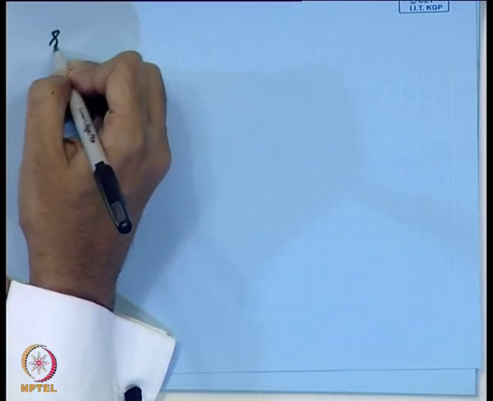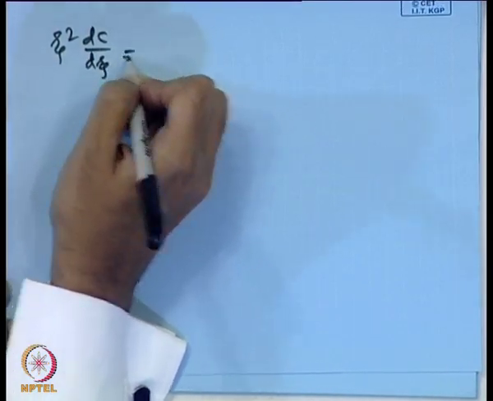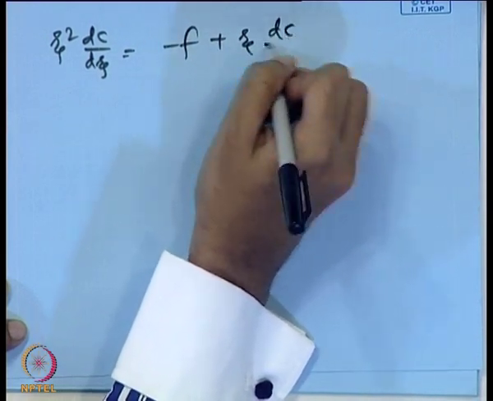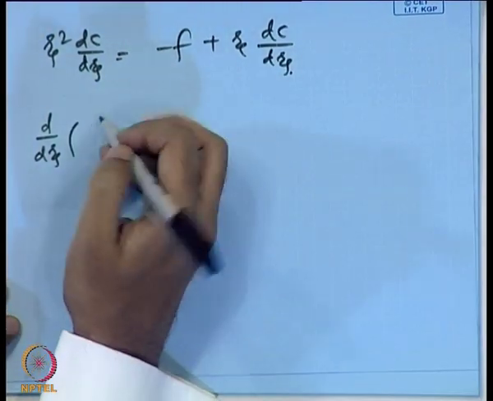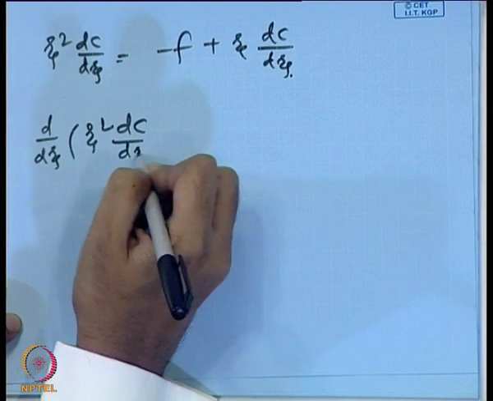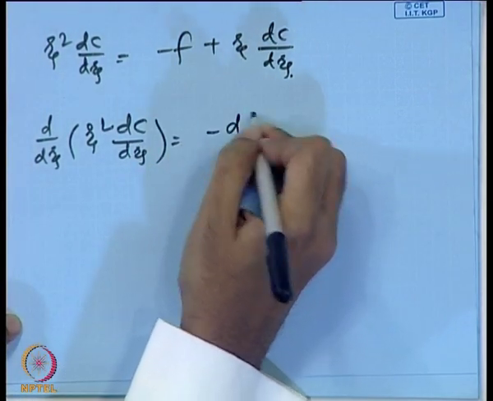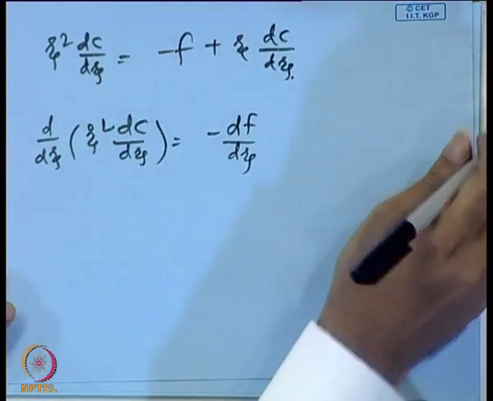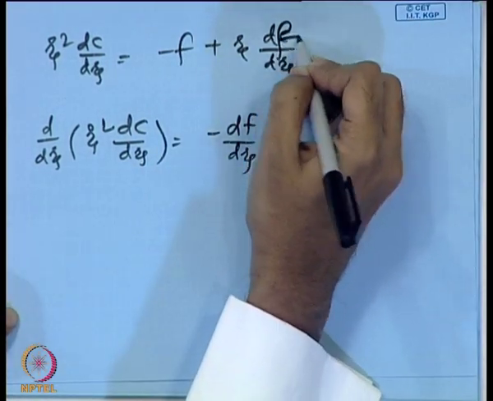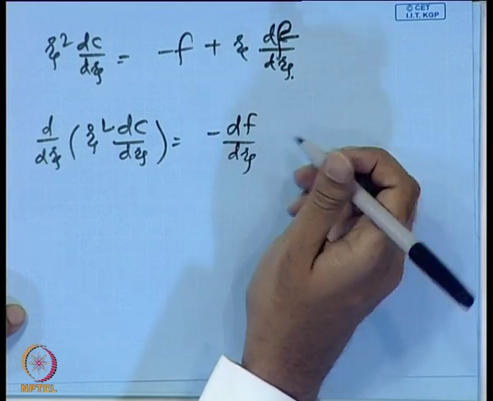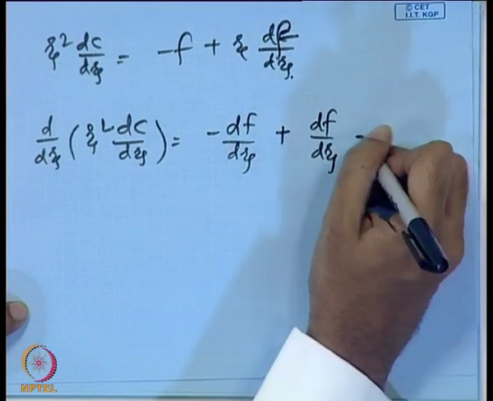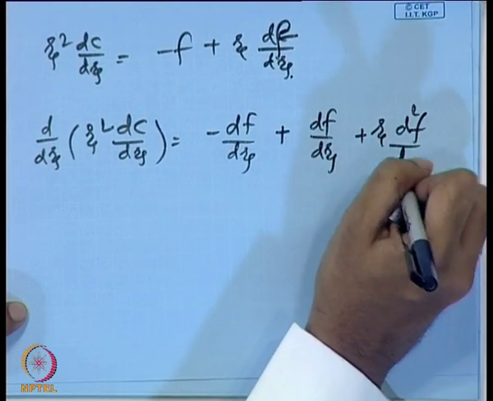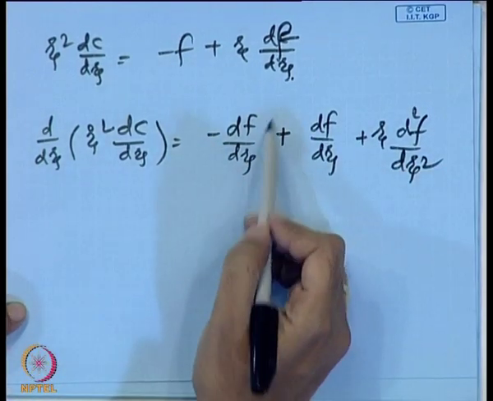Okay, so I go to the next one. So then my psi square del C del psi equals minus f plus psi into del f del psi. Okay. Now del psi of this is this plus something which cancels out.